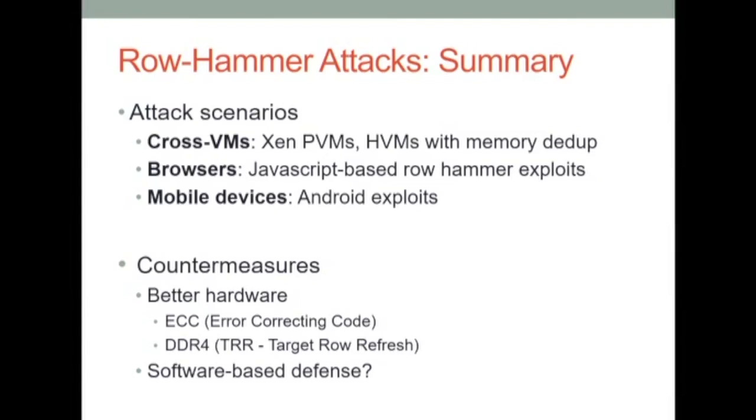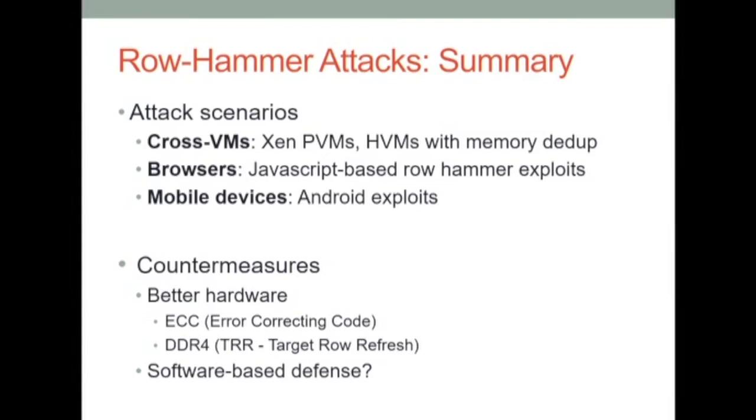There has also been other work showing that with HVM, the hardware-assisted virtual machines, as long as the virtual machines use the memory deduplication technique to merge memory pages with the same content into a single one, it is still possible to do the cross-VM attack. But memory deduplication is not widely used in public cloud. So the applicability of this attack is uncertain.